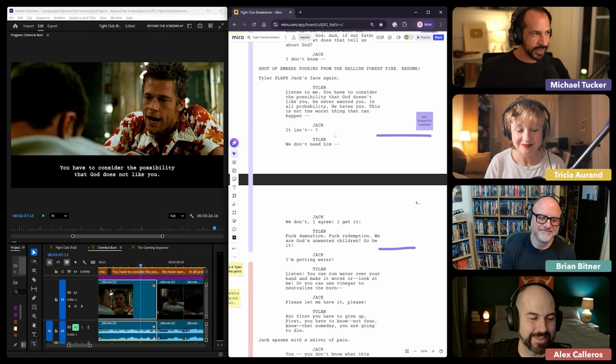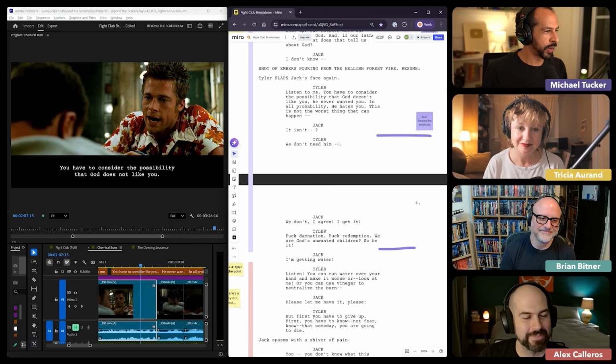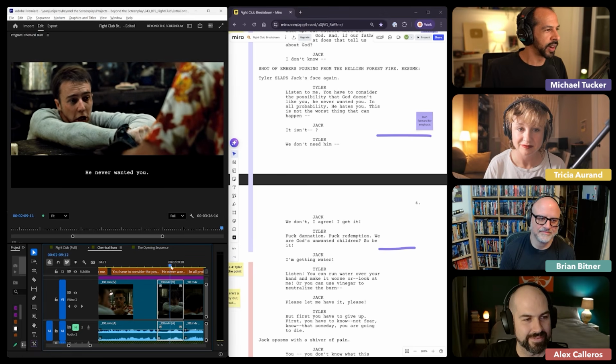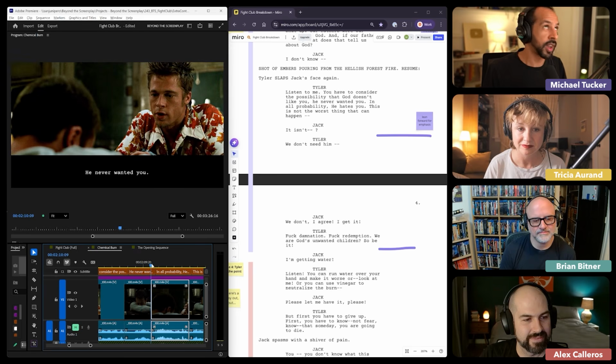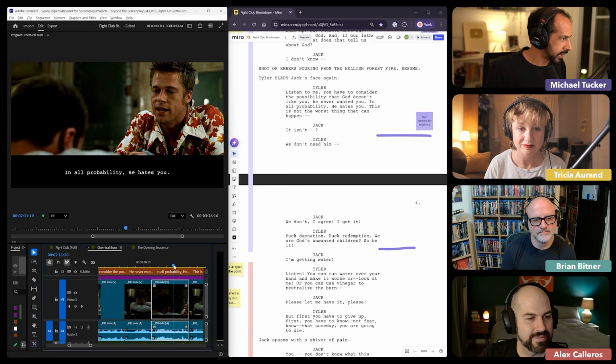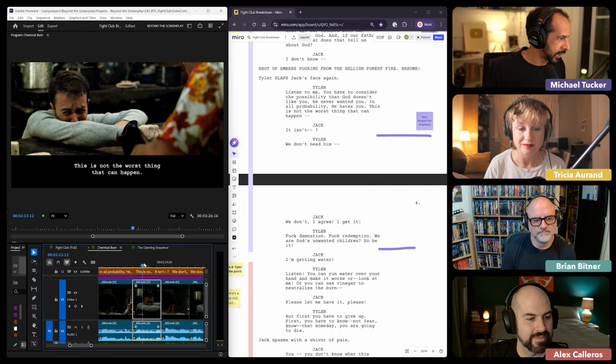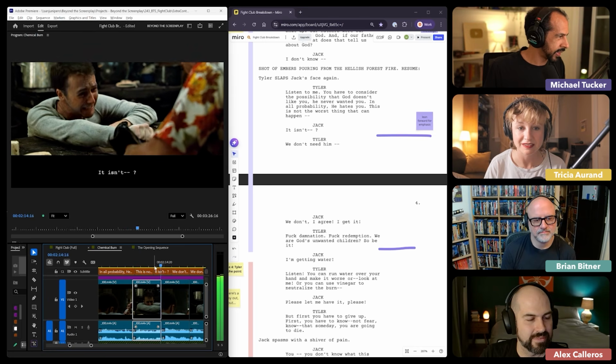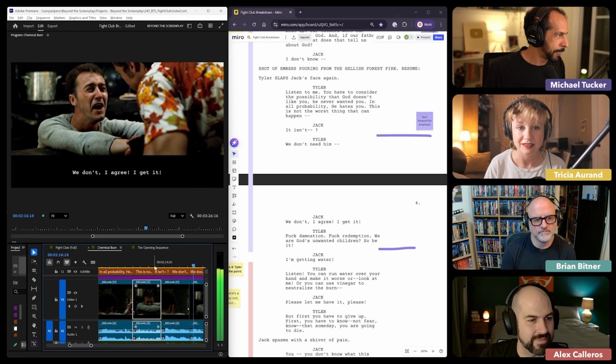In this section, Tyler's getting to his point, which is basically, screw God, screw damnation, so be it. We're the wanted children, whatever. There's another cool moment here where, to emphasize the "we don't need him" line, we don't cut to a tighter shot, but Brad Pitt leans into a close-up.